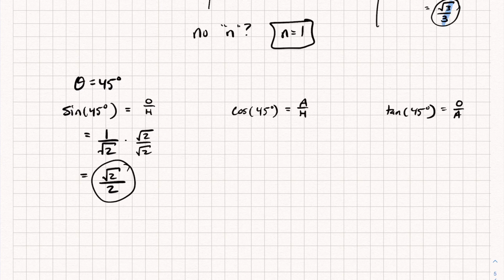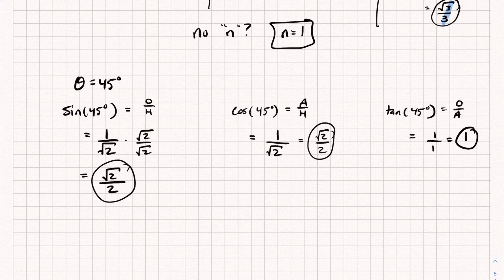Hypotenuse is root 2. Notice how similar this is. It's the exact same, which means the answer is the exact same. Cosine of 45 is also root 2 over 2. Tangent is the dream, because opposite is 1, adjacent is 1, tangent of 45 is just 1. It's very straightforward. Very, very nice.